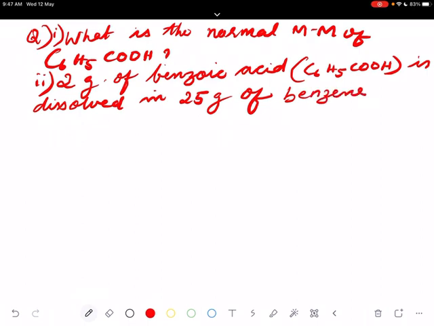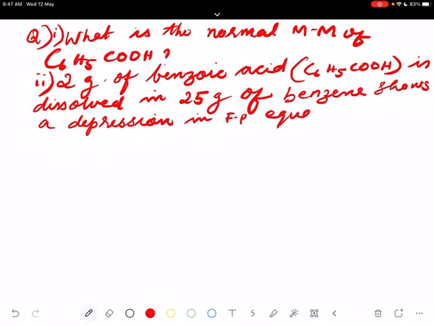25 gram of benzene shows a depression in freezing point equal to 1.62 Kelvin.